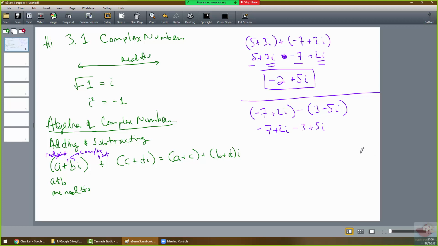And then it becomes an addition problem, just combine like terms. So we would have negative 10 plus 7i. And that's it. So that's adding and subtracting.